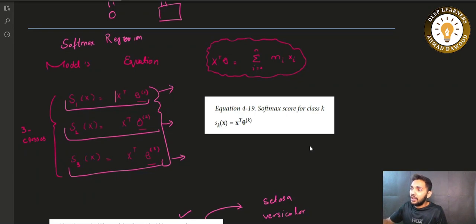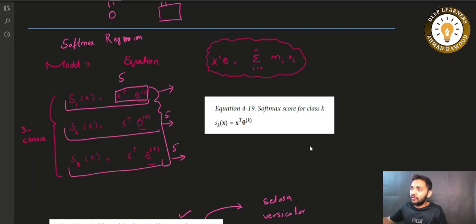Here it is represented in the form of matrices, but you can represent it in any way. There will be five parameter values here, five here, and five here, so we have 15 parameter values in total. We have three classes, three score equations, and against each score equation there are five parameter values.